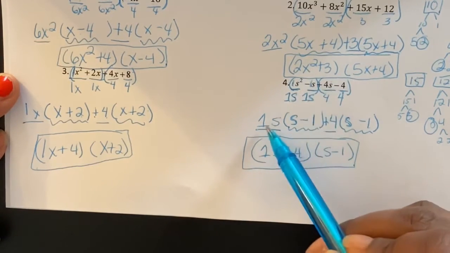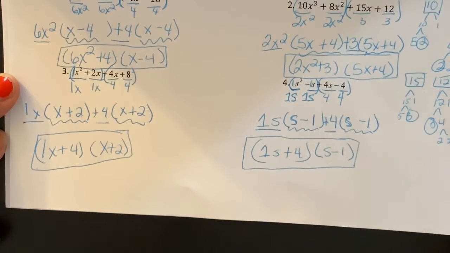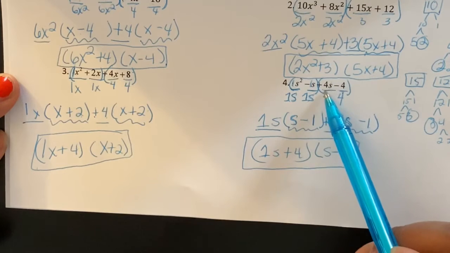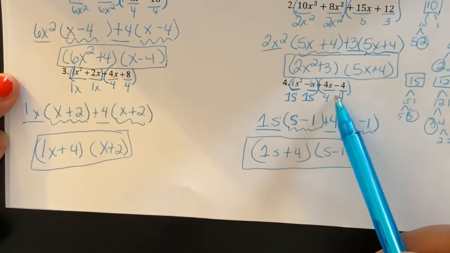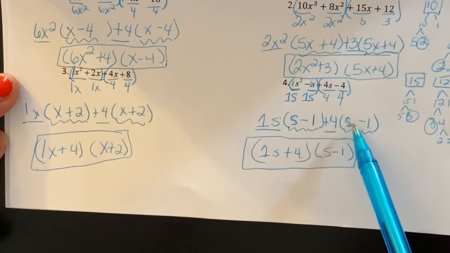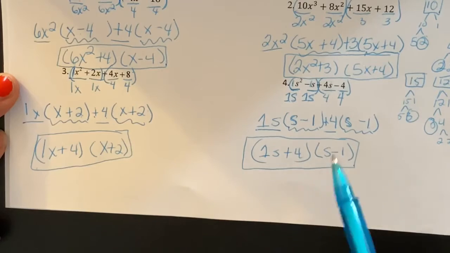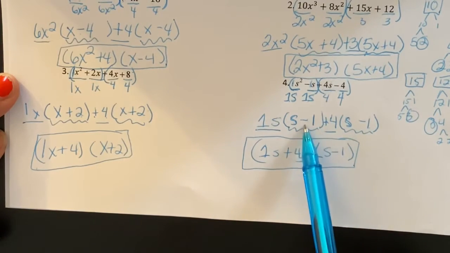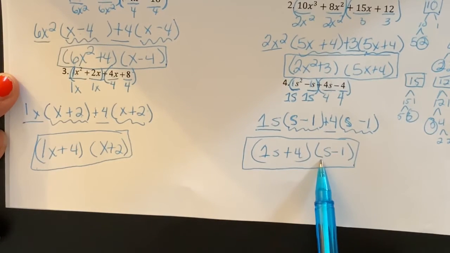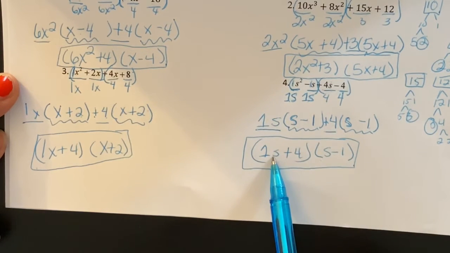Divide both of those by that. Put 1s out as your GCF. What we have left is s minus 1. 4s minus 4, they both have a coefficient of 4 in common. When I divide both of those by 4, I put the GCF outside. I have left s minus 1. These two are the same. I write these two s minus 1s as one factor. And I write my 1s plus 4 as another factor.